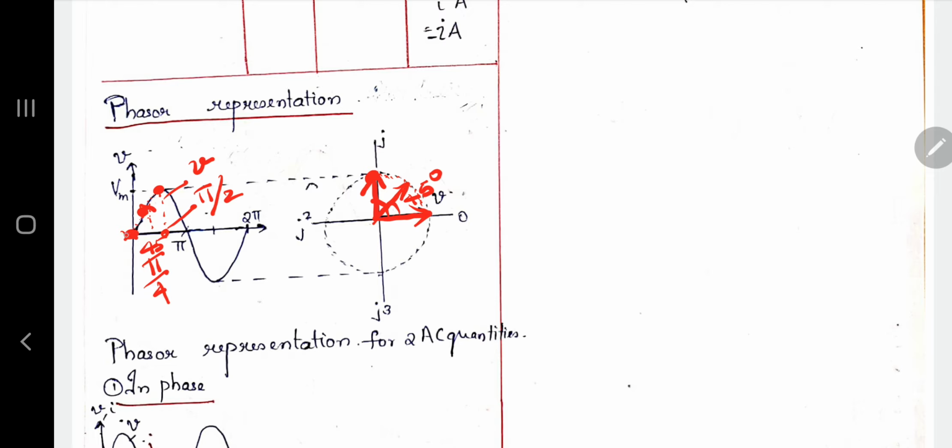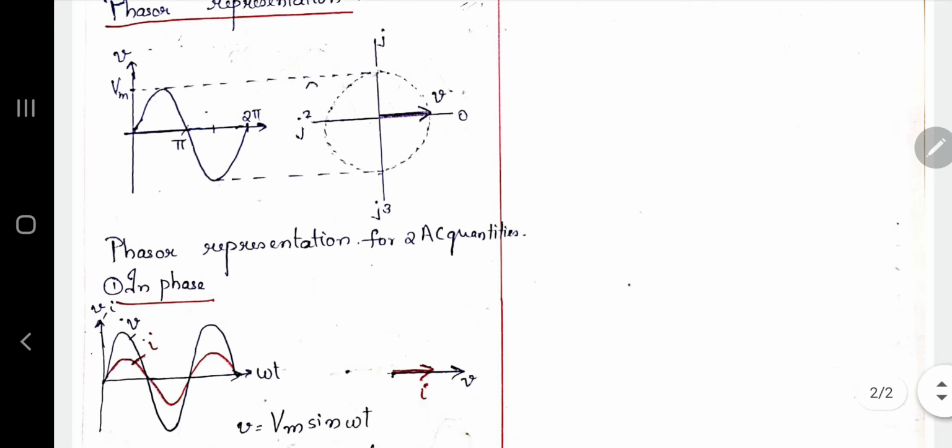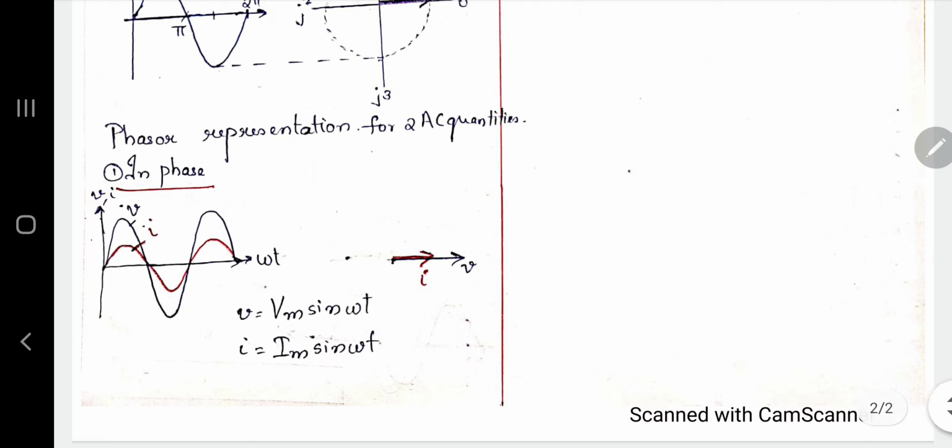Along with the change in the magnitude here, the phasor will start its rotation like this, moving in a counterclockwise direction, and the magnitude of the vector will be the same as this maximum value. That is why I have drawn it like this. So that is how we can represent an AC quantity.